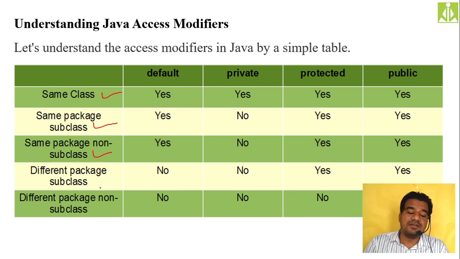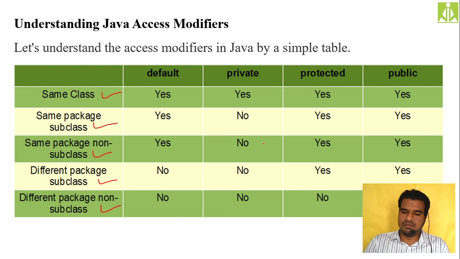Then different package subclasses means, in a different package, the classes which are inheriting. Different package non-subclasses means, in a different package, the classes which are not inheriting. There is no inheritance relationship.